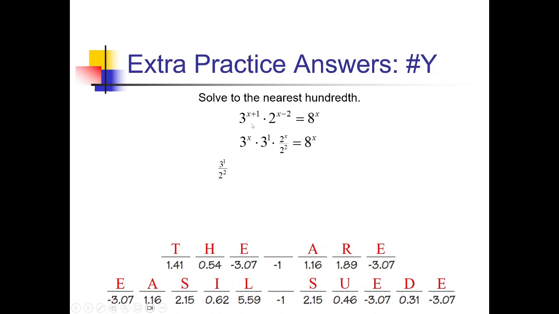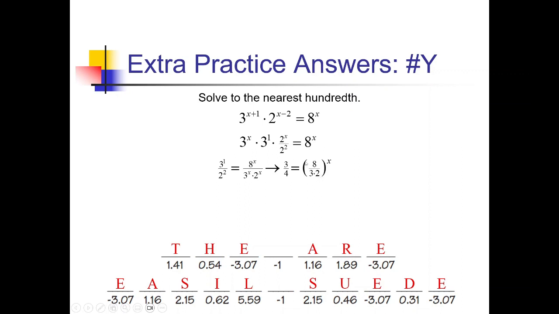If I'm multiplying all these things, then 2 squared is in the denominator. And now I'm going to move my 3 to the x and my 2 to the x over to the other side by dividing by each of them. So I'm going to have an 8 to the x divided by 3 to the x times 2 to the x, all in one big denominator. At this point, I'm going to clean up my left side a bit. I can write that as 3 over 4. For the right side, since all of these are being multiplied or divided and they all have the same exponent, I can actually take that exponent of x out of the whole thing, and inside I'll just have 8 over 3 times 2.